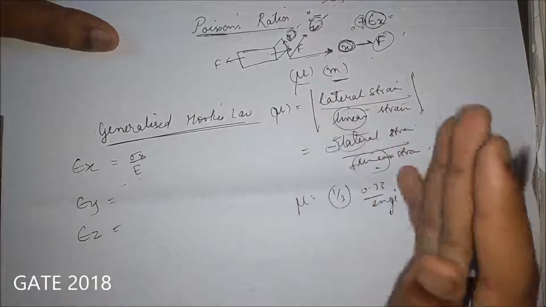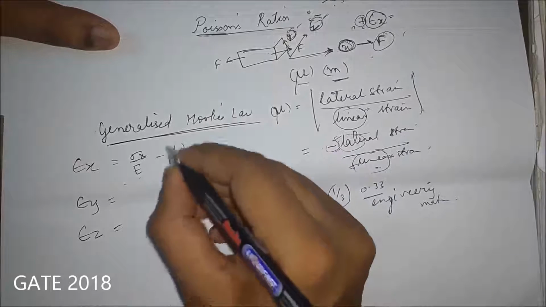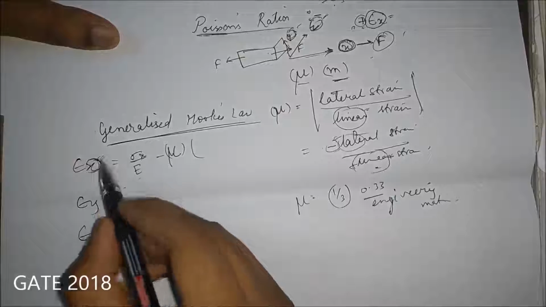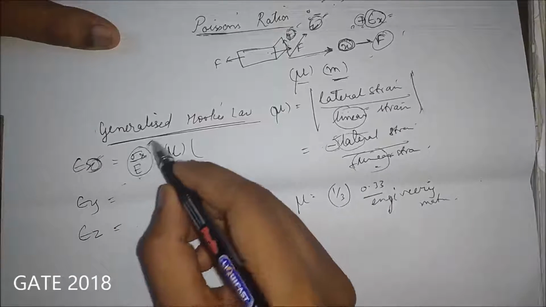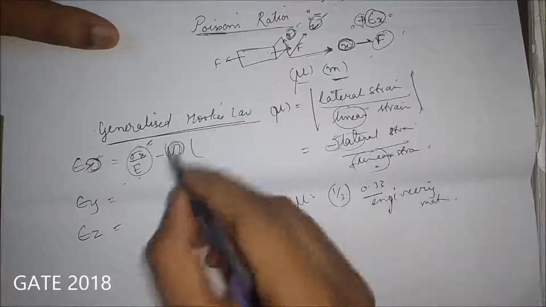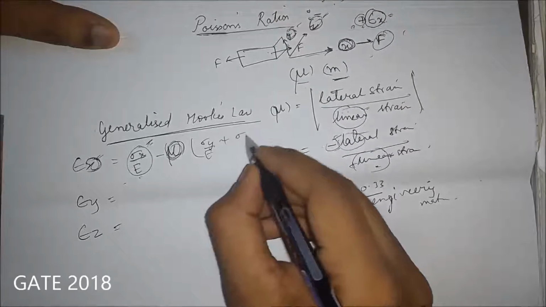Now if we talk about 3D, Poisson's ratio will come into picture. If strain in x direction we have to find, then sigma x by E will be the linear and the lateral will be multiplied by the Poisson's ratio, that is y and z.